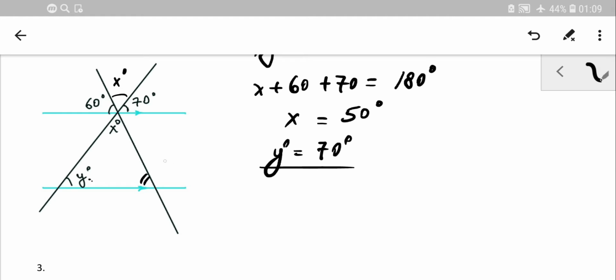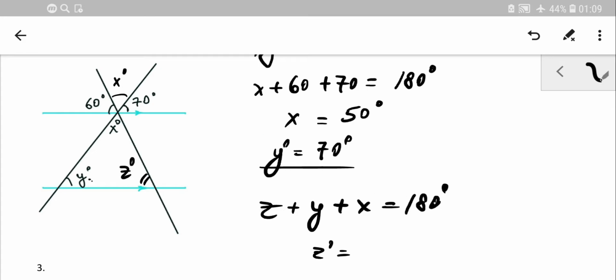On top of that we can even find z. Let's say z plus y plus x will arrange 180 according to the sum of the angles in the triangle, and from here we can figure out z. So it's 180 minus y minus x, 180 minus 120, which is 60 here.